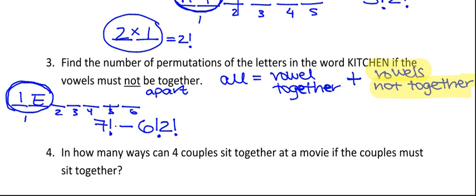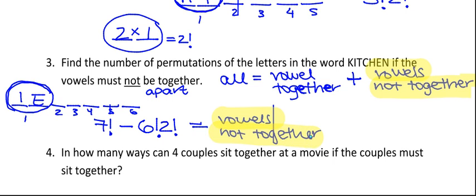So 7 factorial minus 6 factorial times 2 factorial will give me the number of words in which the vowels are not together. So you could just evaluate that.